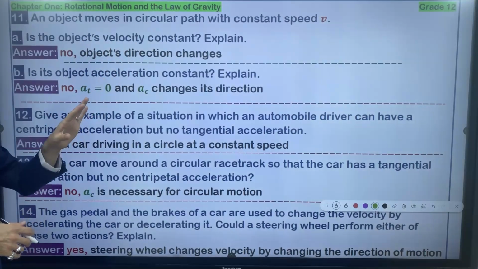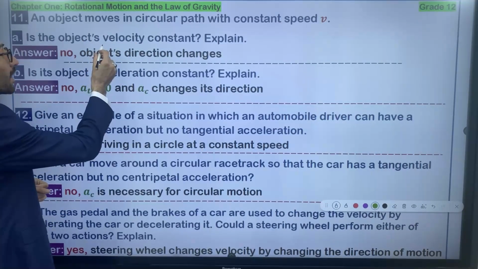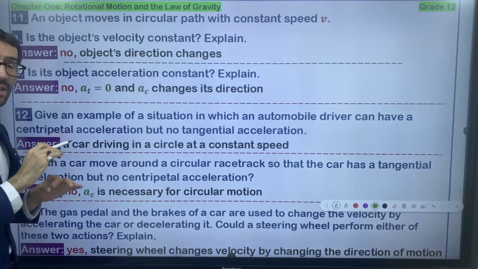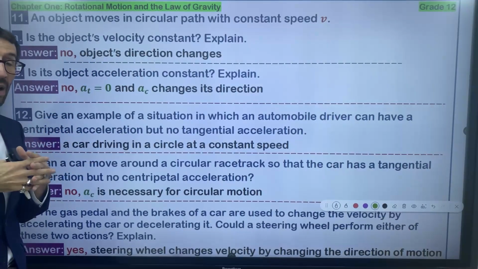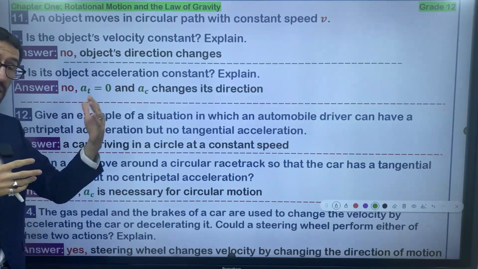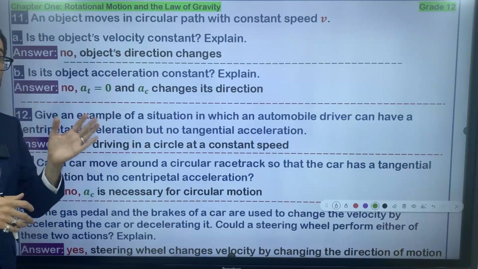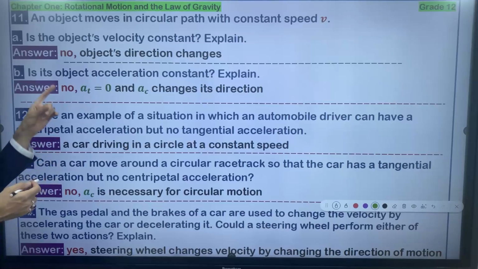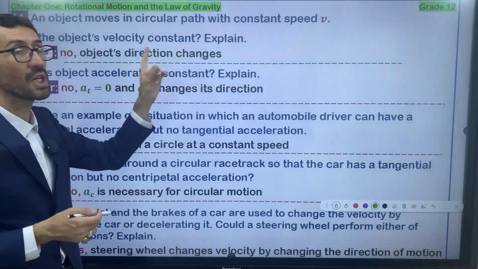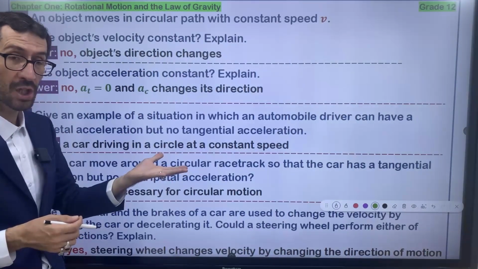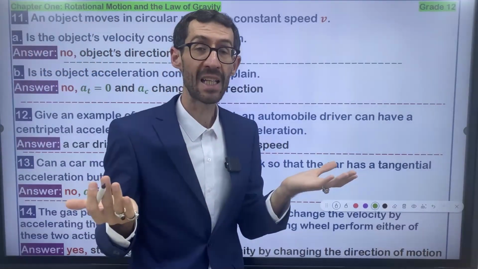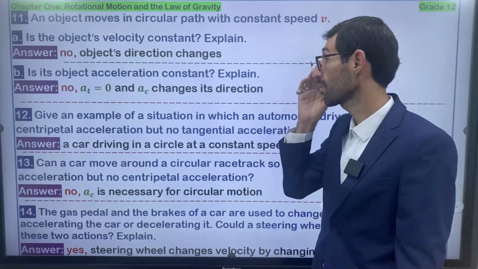No. Constant speed can be, but constant velocity doesn't make sense in physics here. That's why we say no, the object's direction changes, and because the direction changes, velocity can't be constant.